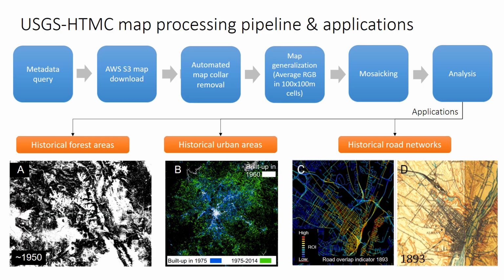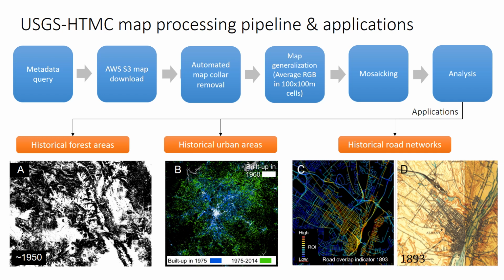We can then automatically mosaic these individual maps together and then ultimately perform some kind of analysis on the resulting maps, which I will show in a bit. So we are currently working on 3 different applications. One of them focuses on the extraction of historical forest areas.